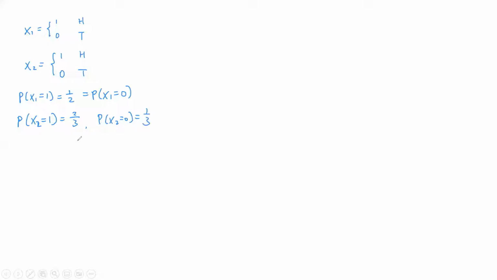I randomly choose these numbers, just to make it unfair. By the way, these two coins are tossed independently, so these events would be independent. Later on, we're going to introduce the concept of independent random variables. So basically, we have two independent coin tosses.